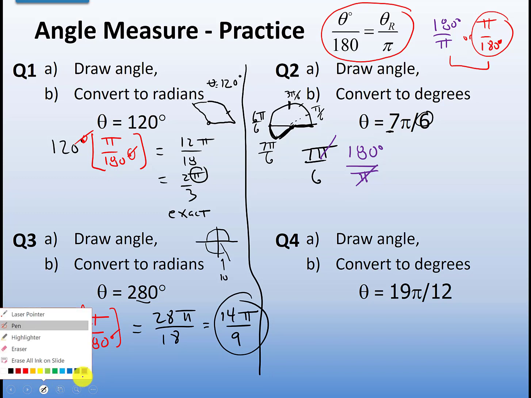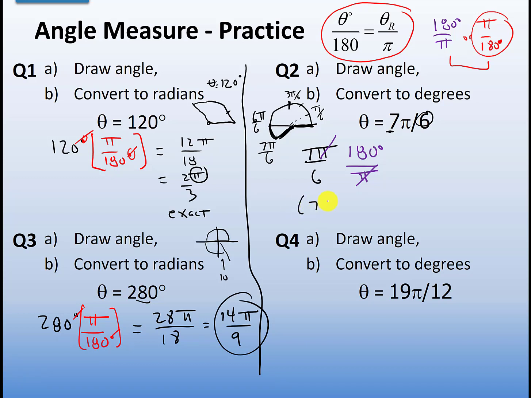Now, if you're not good with fractions, you're going to have to play around with the calculator, and you can type in 7 divided by 6 times 180 and go to the math button and type in the first command, which will convert this to fraction.